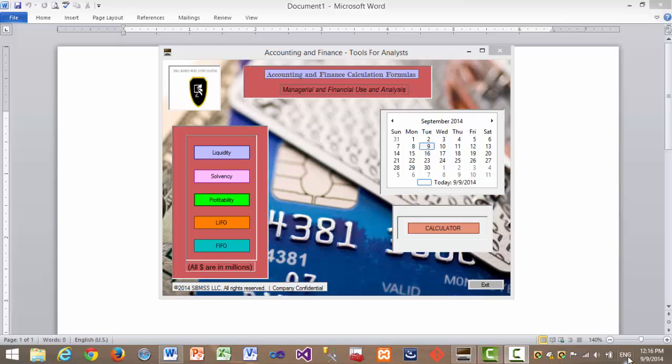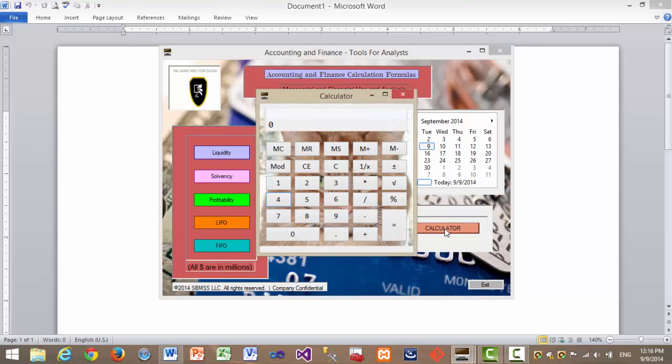While I demonstrate this, I just want to turn your attention to this calculator I've developed to help you calculate the financial formula calculations that you can input on each of the various menus of liquidity, solvency, profitability, LIFO, and FIFO.